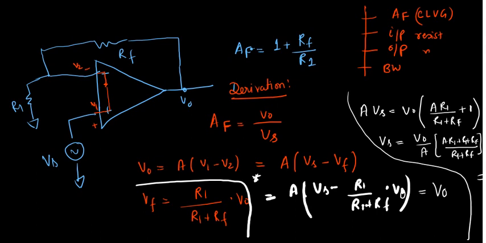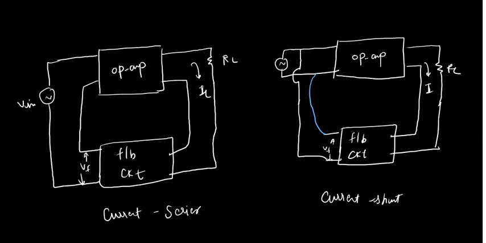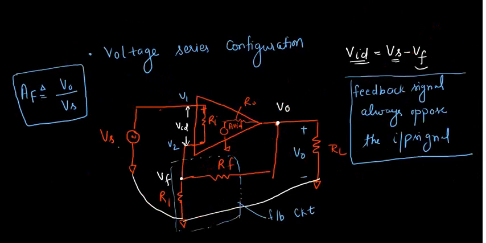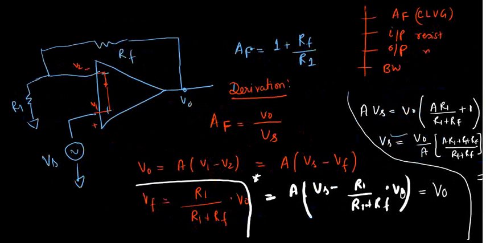Here, V naught by Vs is our gain. I think we lost that slide. So V naught by Vs, right? Output divided by input.